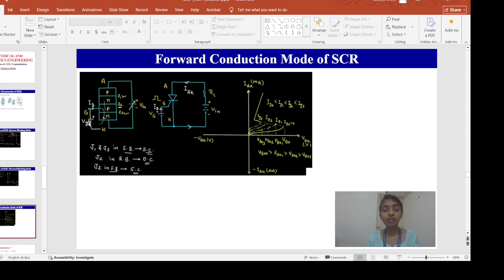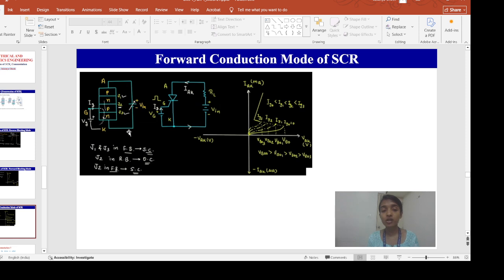The more you increase this gate current, the more free electrons with higher kinetic energy will attack this depletion region, and it will cause a breakdown. Okay, and your anode to cathode current will increase.